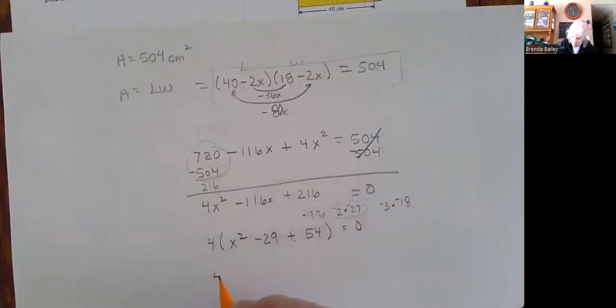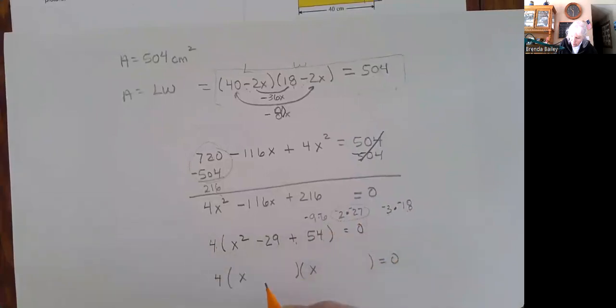So we've got 4 times x times x. We've got a minus 27 and a minus 2, or minus 2 and a minus 27. The order doesn't matter. Multiply, give us the last term. Negative 27x when you multiply, negative 2x when you multiply, gives you the negative 29x.